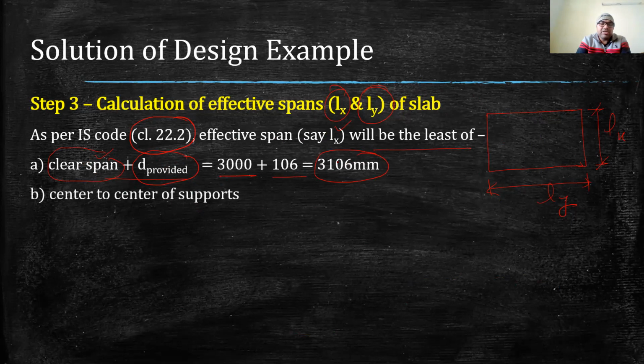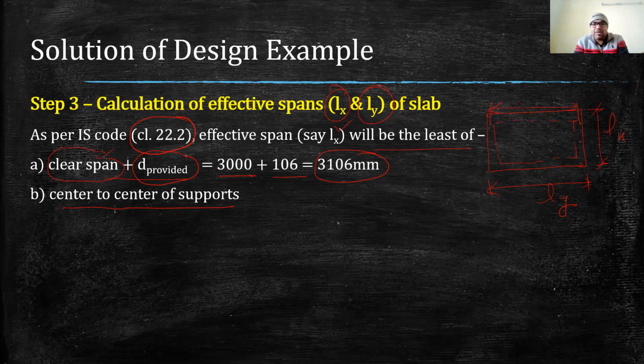Now, according to the second parameter, it will be center to center of the support. As we know, the internal dimension of the slab is this one, so taking this dimension, center to center.